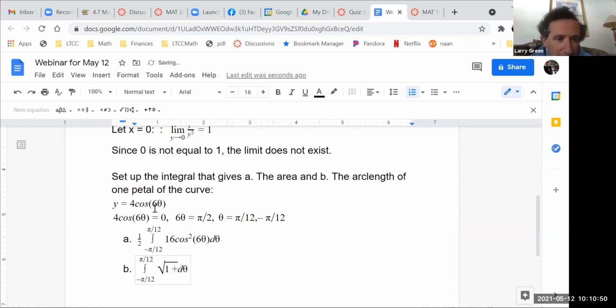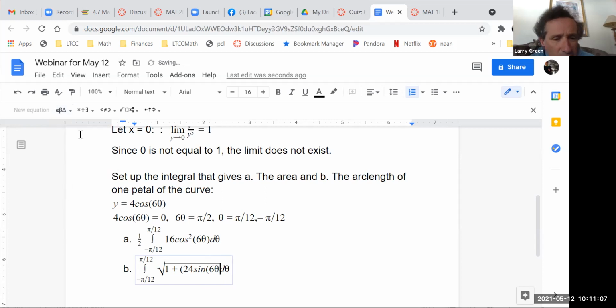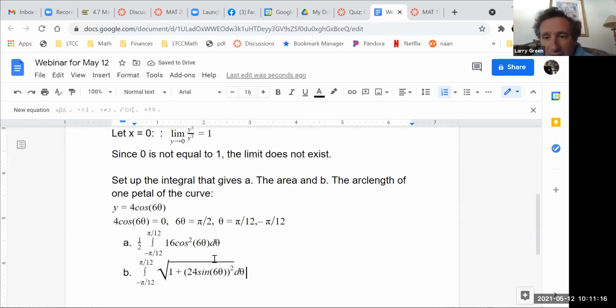R prime is 6 times 4, it's 24. So it's going to be 24 sine of 6 theta squared d theta. You can put the negative there if you want, but we're squaring, so you don't need it.